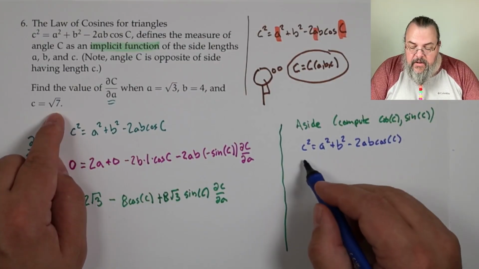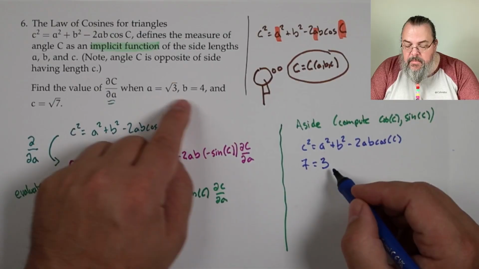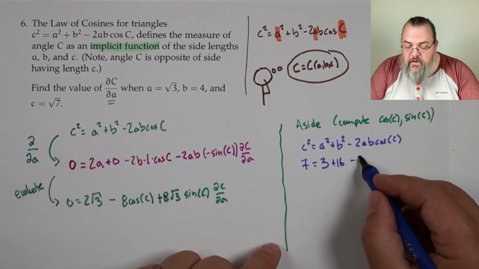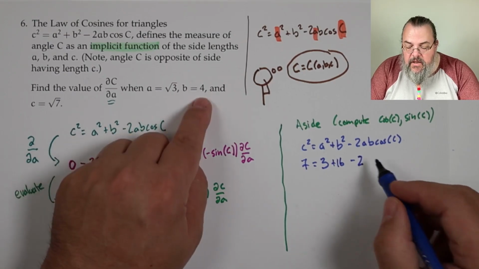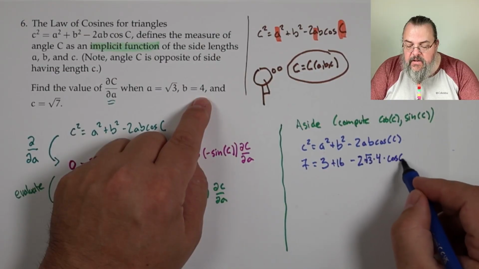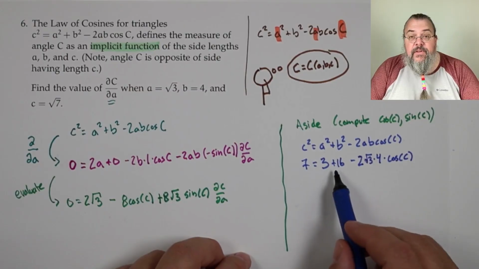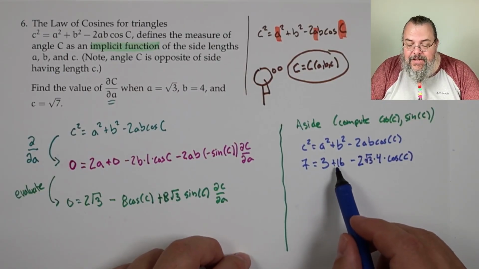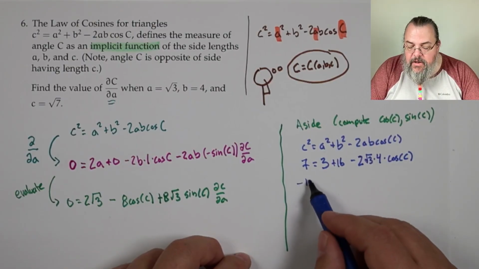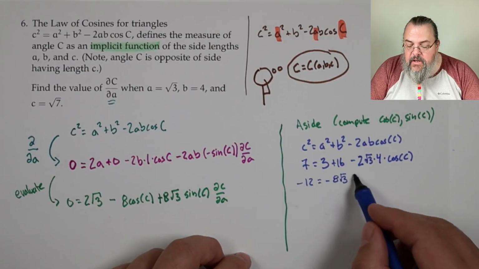C squared, 7, equals A squared, 3, plus B squared, 16, minus 2AB, 2 square root of 3, and 4, and cosine C. Oh, okay, so let's see. 3 plus 16 makes 19, and then we can subtract, and 7 subtract 19 makes negative 12, equals negative 8 square root of 3 times cosine C.